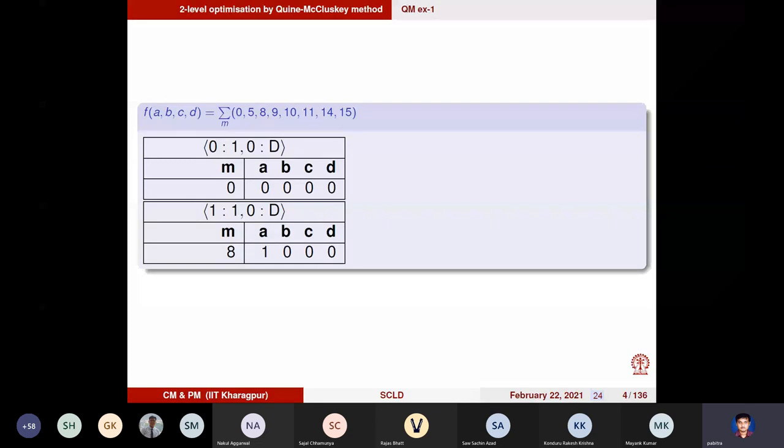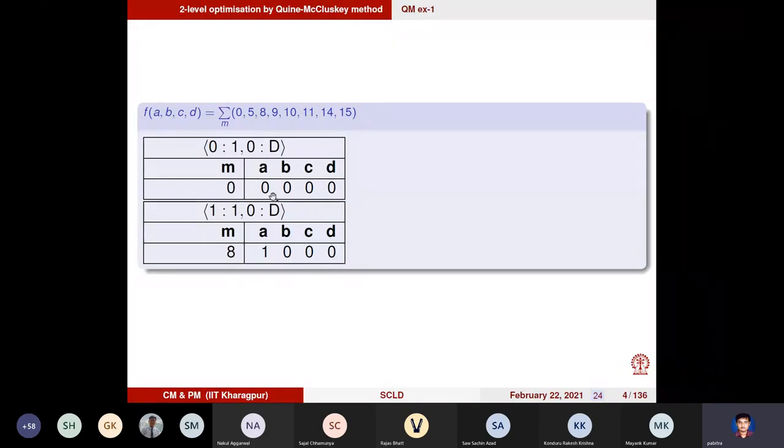So let's look at this. I have a function f of a, b, c, and d, and these are the minterms in the function: 0, 5, 8, 9, 10, 11, 14, and 15. I form a table like this. I have 4 variables a, b, c, and d. If the corresponding variable is in a complemented form, I write 0.